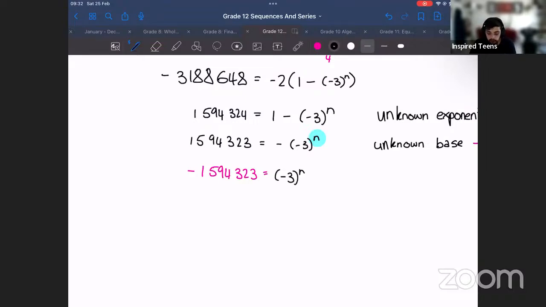So in our calculators, 1594323 equals shift fact. We're going to put the positive value 1594323 into our calculator. You're going to press equals. Then press shift, which is on the top left, and look for fact.